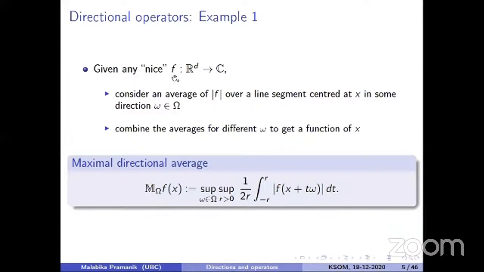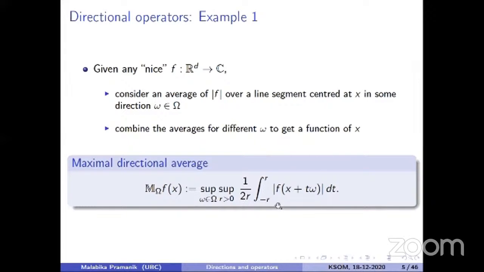Let f be a well-behaved, smooth input function in d real variables. Given a point, little x, in R^d, consider all possible line segments centered at x and pointing in some direction, little omega, in capital omega.